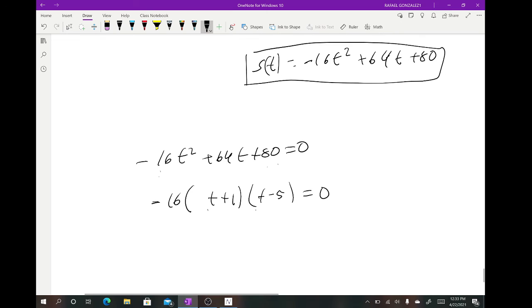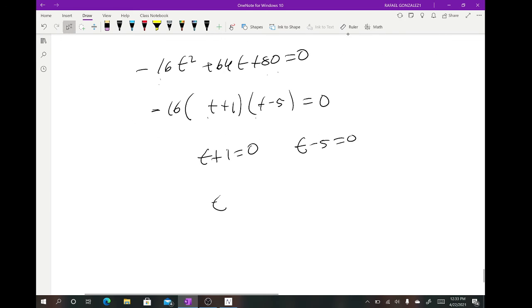So that is correct. So we get t plus 1 equal to 0, or t minus 5 is equal to 0. So we have either t is equal to negative 1 or t is equal to 5. But remember, the position has to be positive because you cannot go lower than the ground. If you're dropping the ball from here, let's say this is 80 feet, and that ball is supposed to be going down to the ground, this has to be 0.